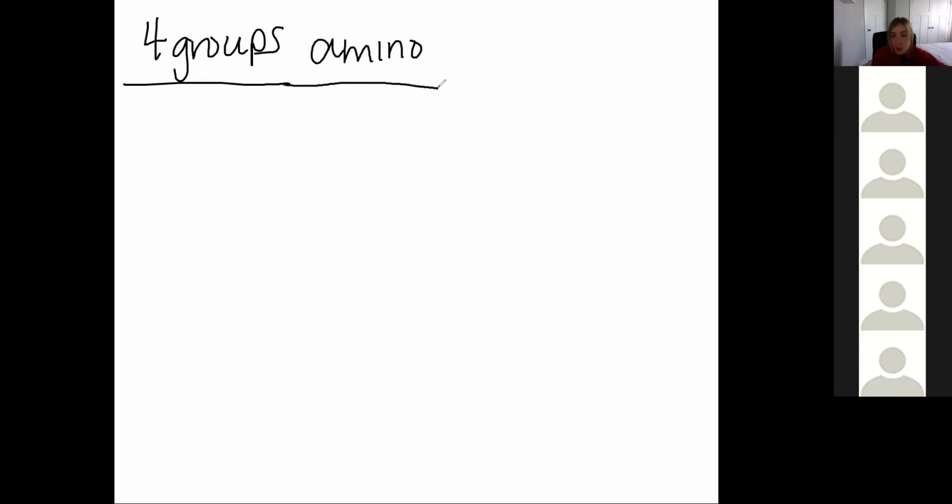I would say that there's 4 groups, just to reiterate, 4 groups of amino acids. So are neutral amino acids polar? They can be either polar or non-polar, because neutral doesn't necessarily mean no charge.